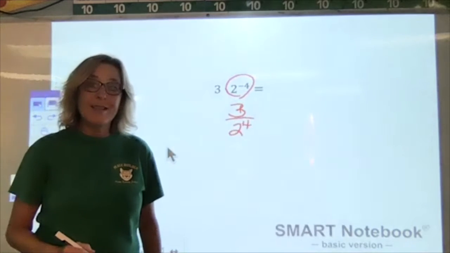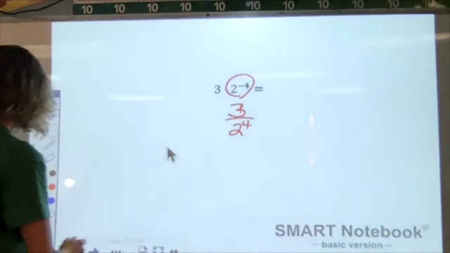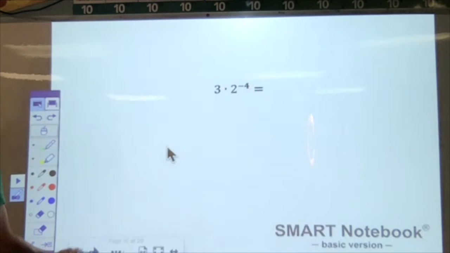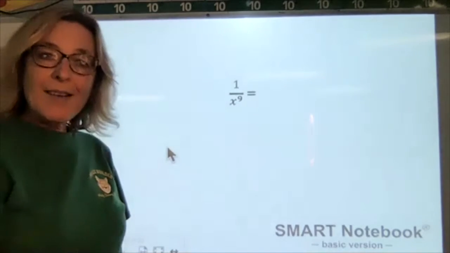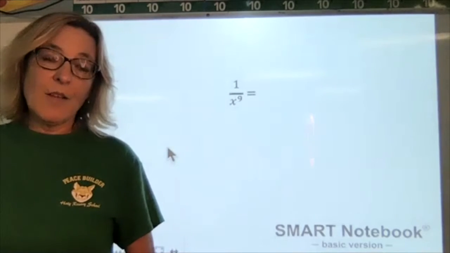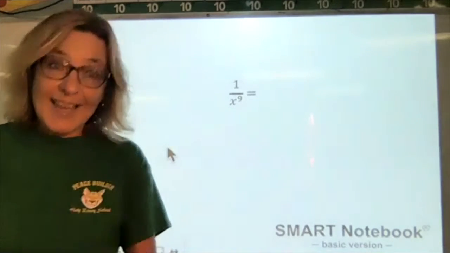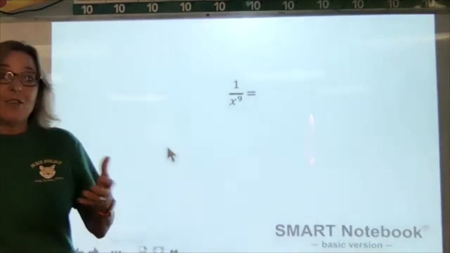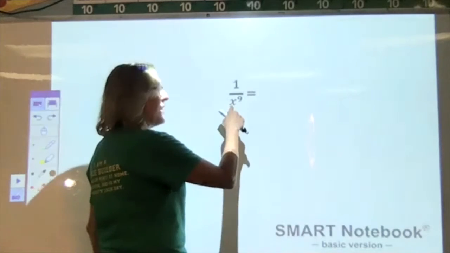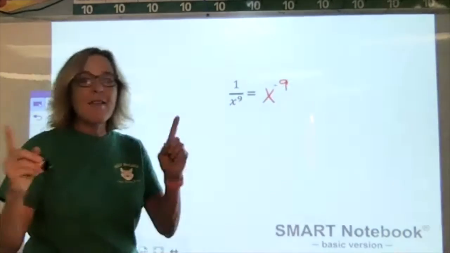That would be a way to rewrite that problem in a different way. So now we have a positive exponent in a denominator. What's another way we could write it? Well, we could write it with a negative exponent also, but we would just have to think about how to do that. So if it's positive in the denominator, then it is negative in the numerator, and vice versa.